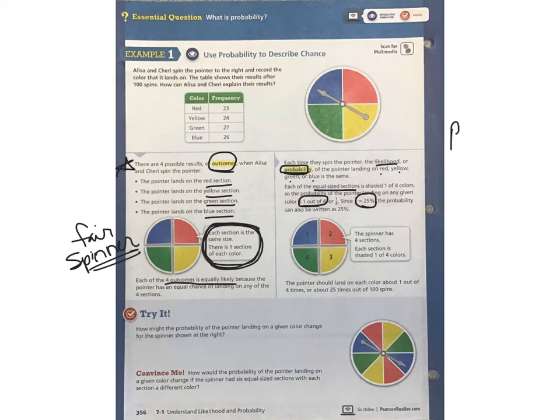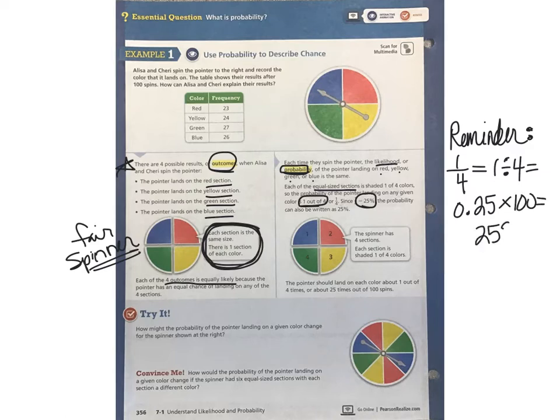As a reminder, to change your fraction into a percent, like 1/4, that means 1 divided by 4, which gives you a decimal, and then to change that decimal into a percent means multiply by 100.